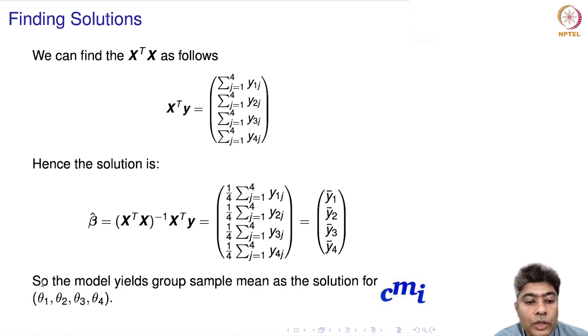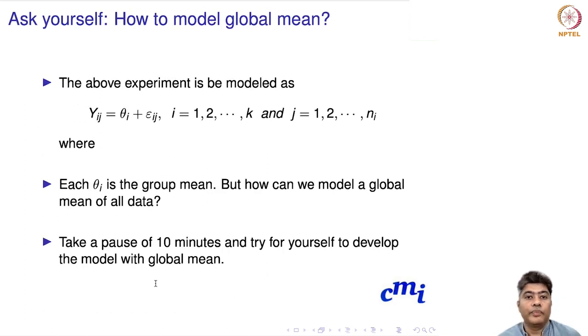So the model yields group sample means as the solution for theta 1, theta 2, theta 3 and theta 4. This is a very interesting solution.